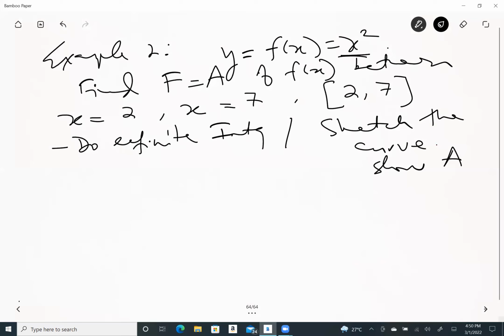So you sketch the curve. I don't draw a straight line, because that is not a straight line. Then you show the A, and then you find the definite integral, so that you can relate. The definite integral between the two points is the area under the curve from the same point to the other point.